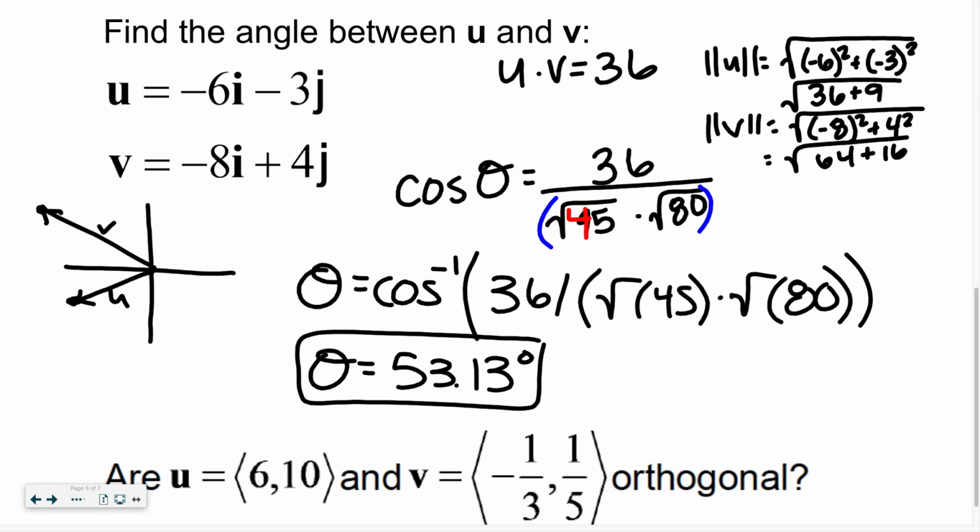And remember, this formula finds the smallest angle, so there's two angles in between these two vectors, but it's finding the smallest angle. Does it look like that could maybe be a 53.13 with my quick sketch? Yeah, seems reasonable.